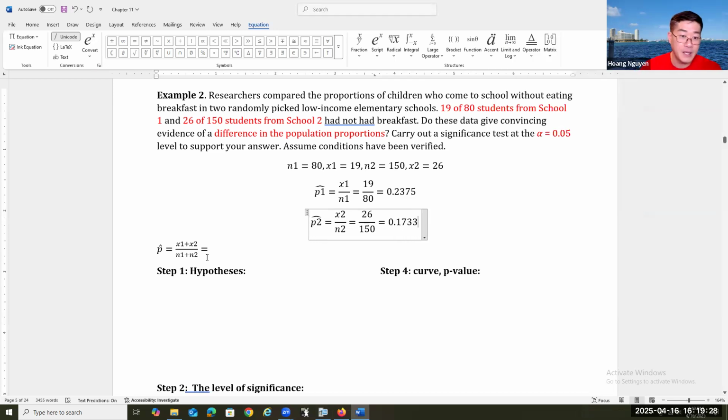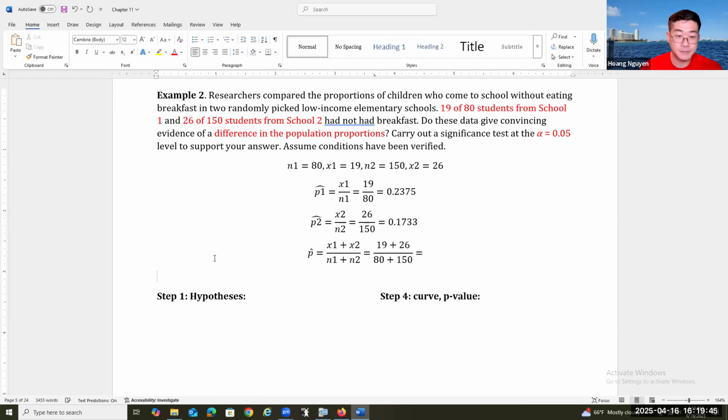And then the pooled population proportion is gonna be 19 plus 26 divided by 80 plus 150. Let's see what the answer of this calculation is.